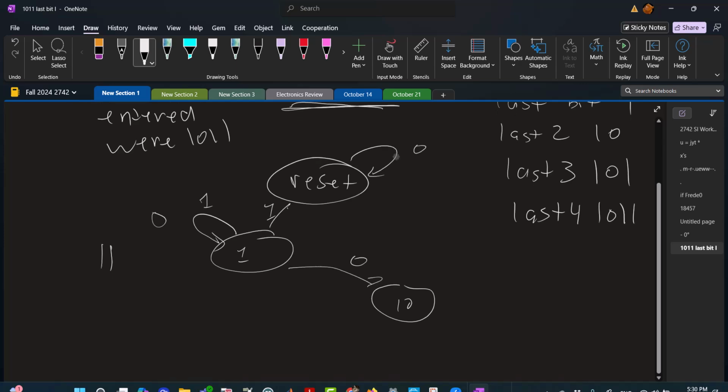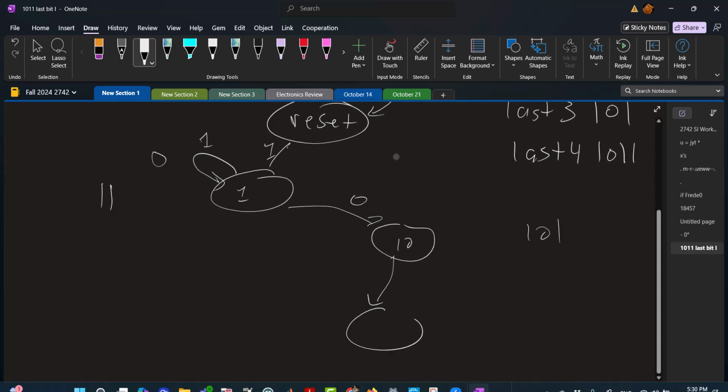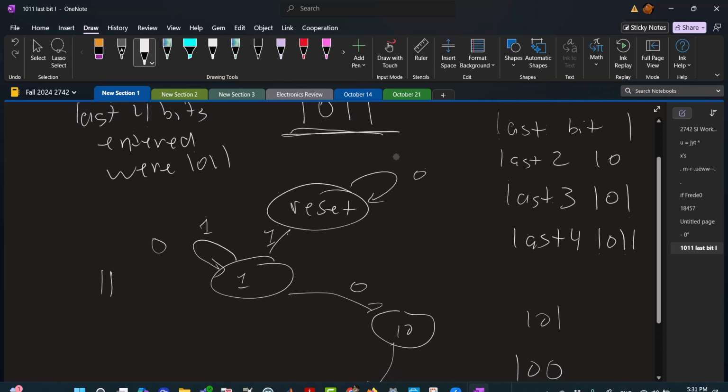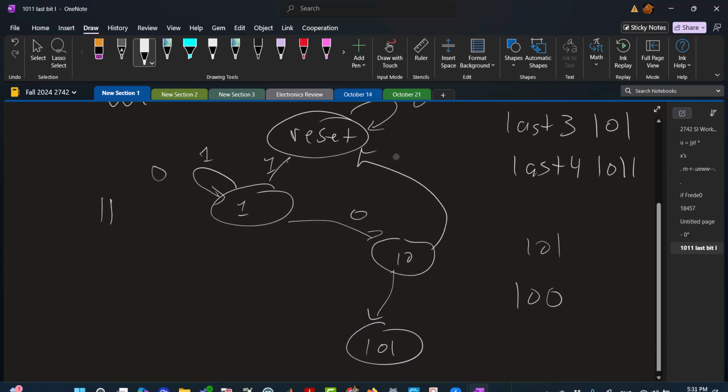And from 1 0, if I get a 1, then I'm going to this next state. And if I get a 0, my last bits are none of these, so I'll go back here. Okay, so you see how you do it?